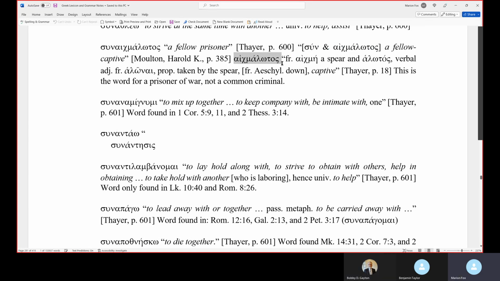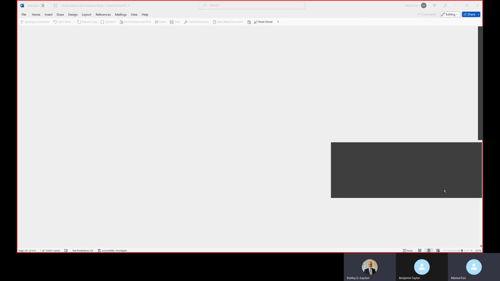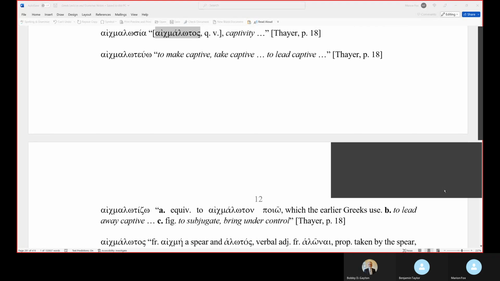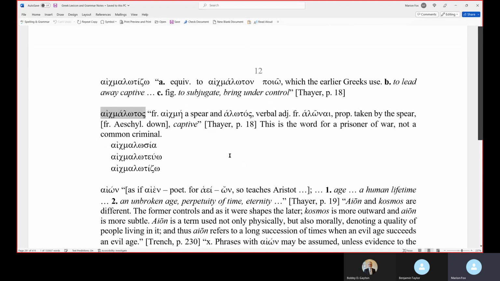And so that's the word that I'm looking at. Let me find, I may have more on this word just in a minute. I did. Search for it. There it is. Here it is. This is Thayer's definition. I probably ought to add some more in there.